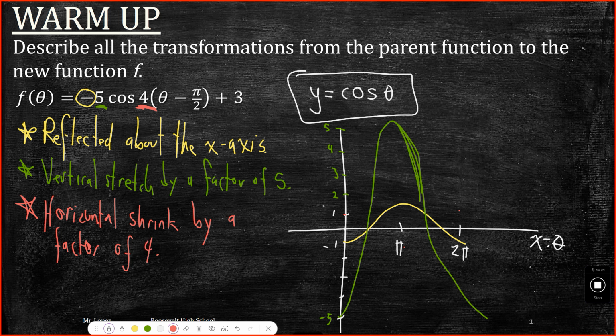Which is kind of not intuitive because the vertical stretch makes it bigger. 5 makes it stretch, and 4 horizontally makes it so there's more of them between 0 and 2 pi.